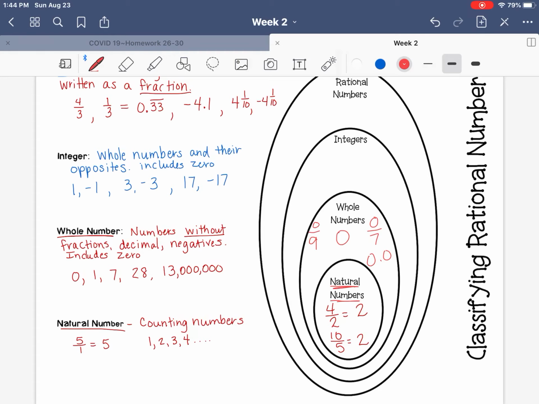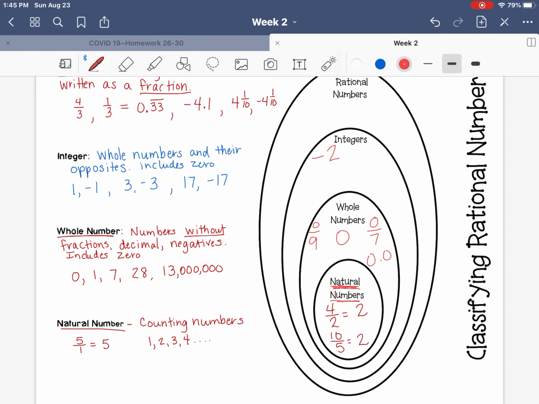Okay? Now let's talk about integers. Whole numbers are integers, but if it doesn't have a negative sign with it, then it goes in the whole numbers. If you have a whole number with a negative sign, then it goes into integers.